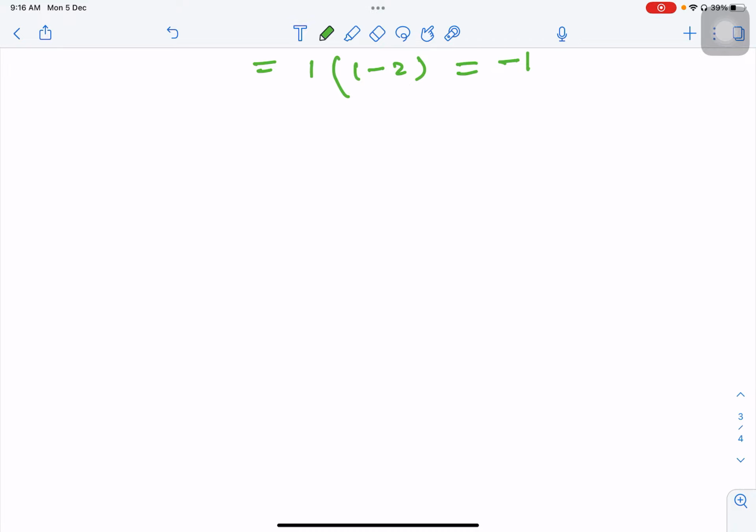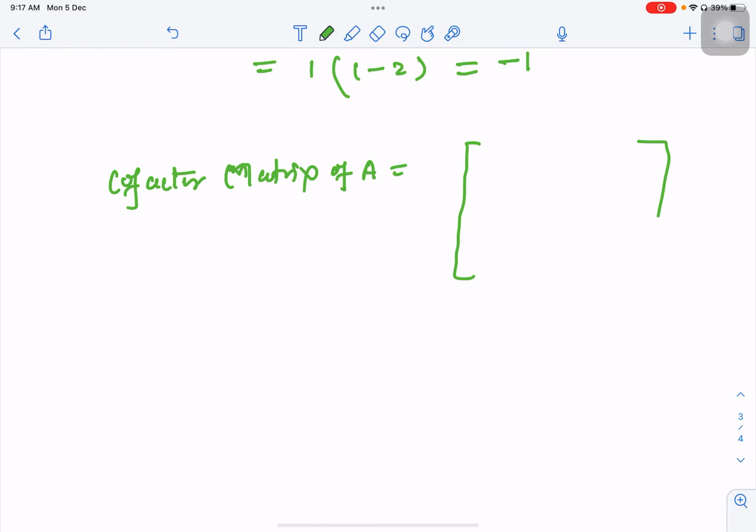So we'll write down the cofactor matrix. Cofactor matrix of A is what? Arrange the elements in this order: A11, A12, A13, A21, A22, A23, A31, A32, and A33.